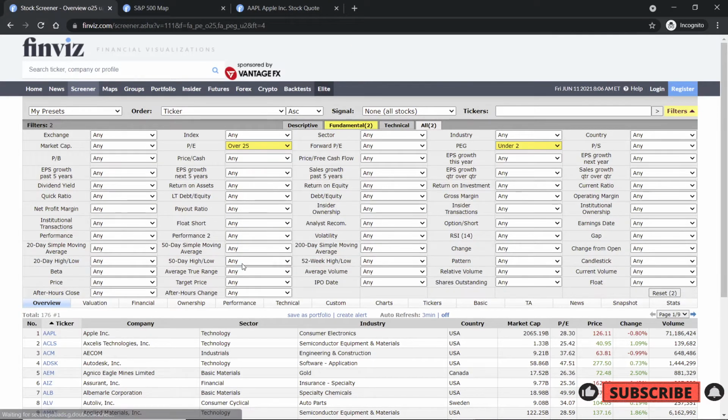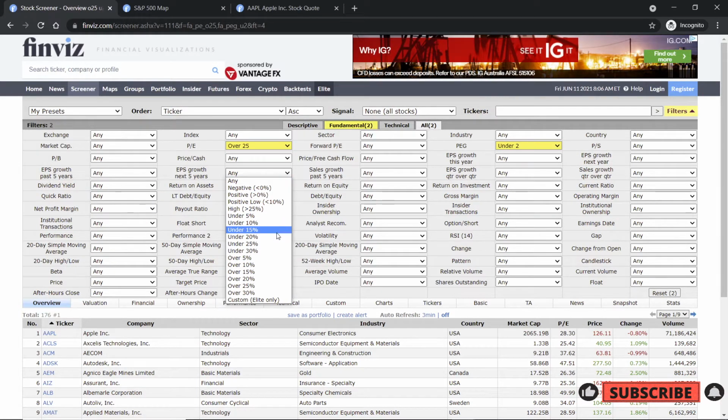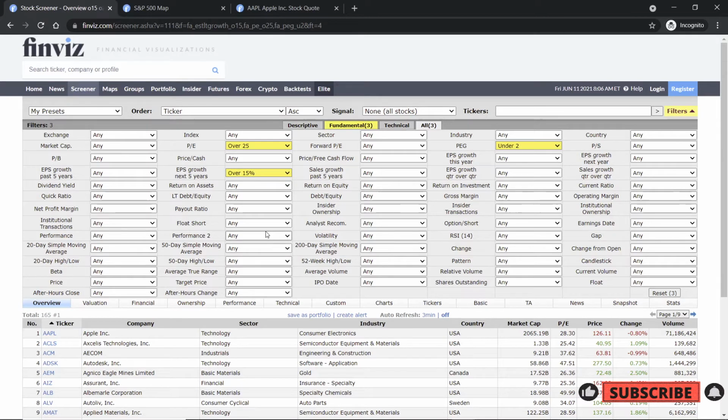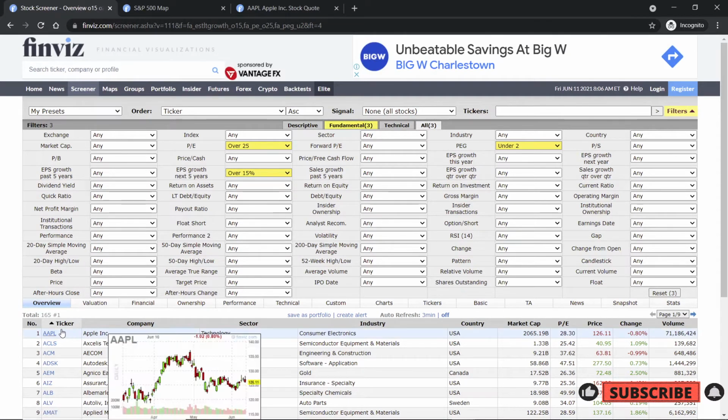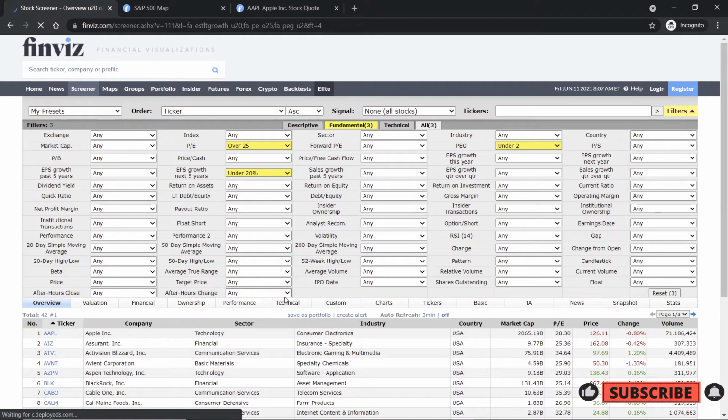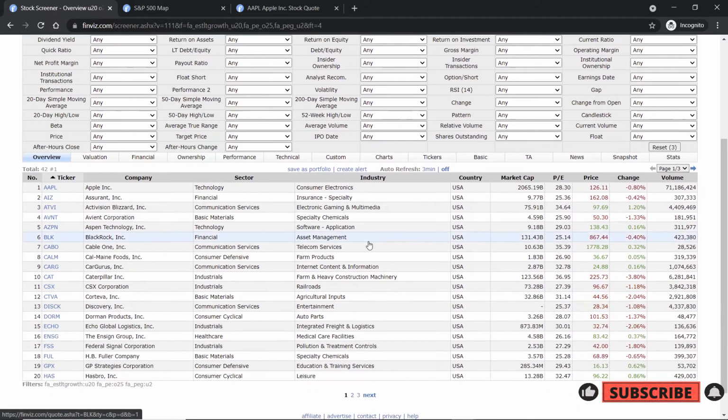EPS for next 5 years, let's say over 15%. Let's say under 20%. There's 42 companies. So we brought it down to 42.